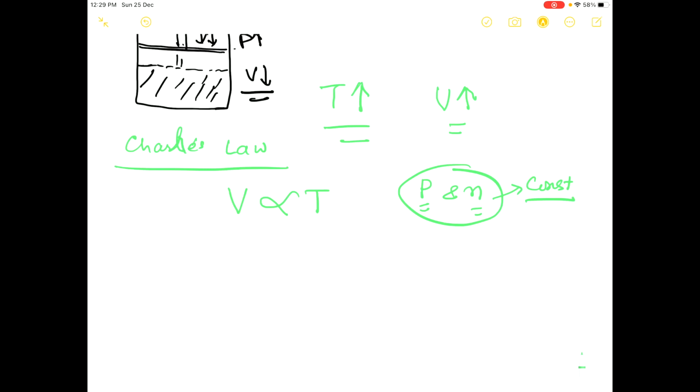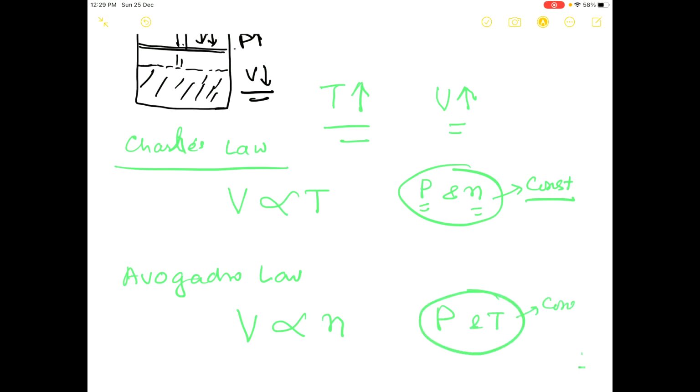Now third is Avogadro law. Volume is directly proportional to number of moles, keeping pressure and temperature constant.